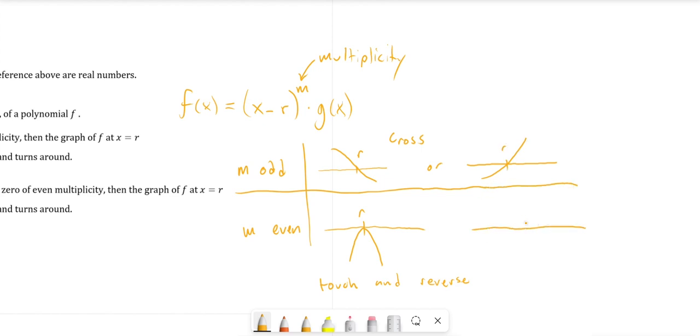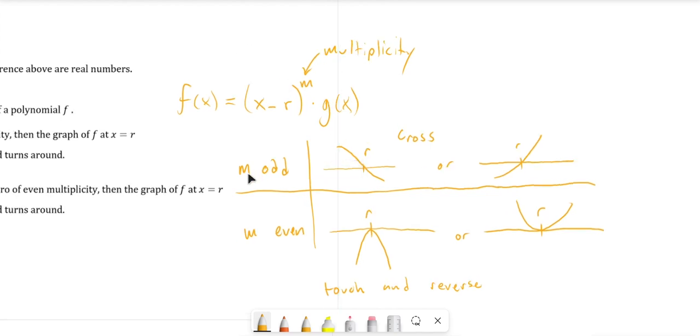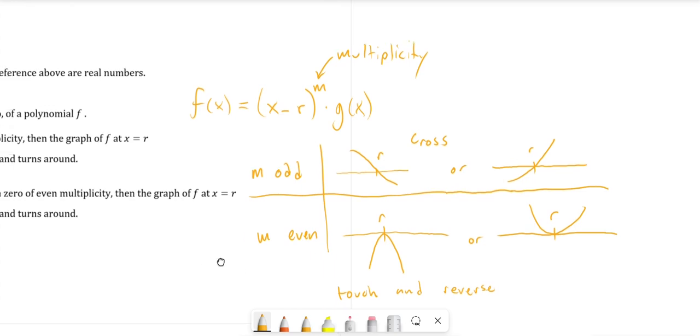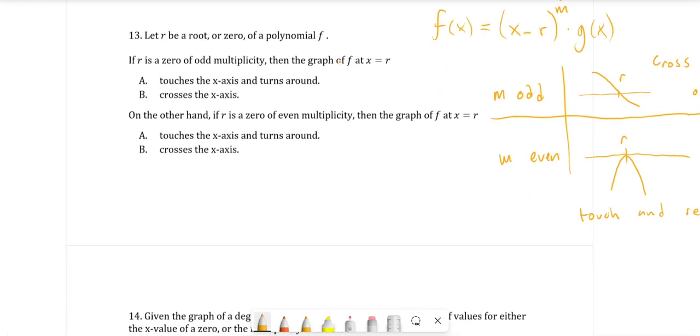Likewise, we don't know if this will bounce off one side or the other. We only know that it will bounce if the multiplicity is even. The odd case includes when m is equal to 1 and you wouldn't see an exponent here. So, in summary, if r is a zero of odd multiplicity, then it crosses. If it's of even multiplicity, it bounces off.